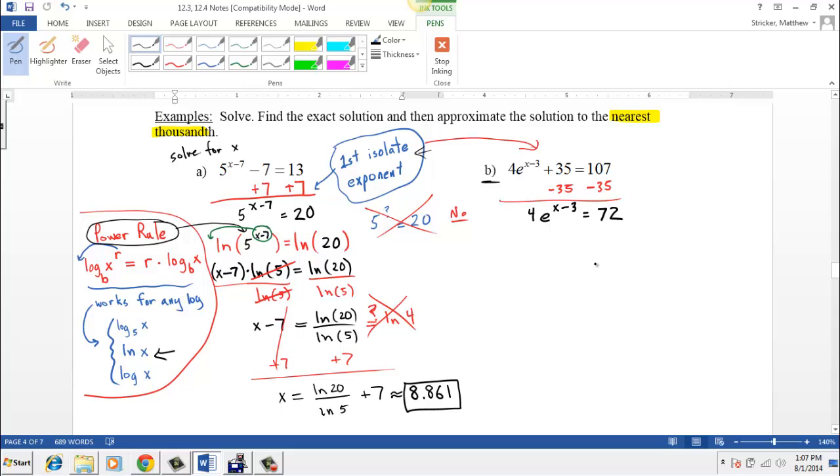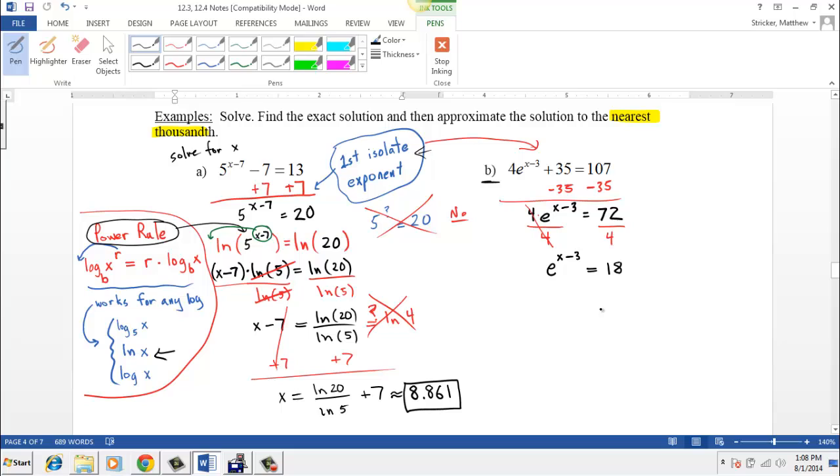And you might think here that now our exponent is isolated, but really it still is not isolated because it has this 4 multiplied on front. So to undo that, since this is 4 times, we would want to divide by 4. Which cancels out those 4's. They divide out, which leaves us with e to the x minus 3 equals 72 divided by 4, which is 18.